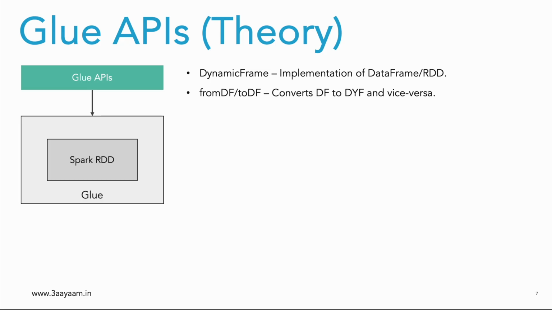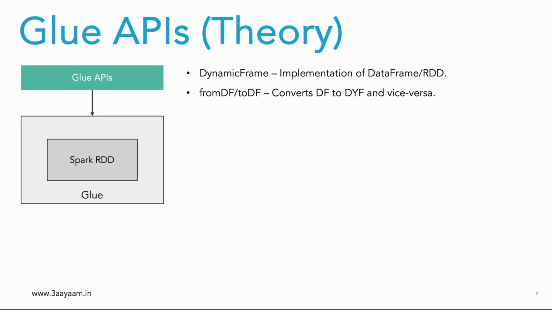What are the reasons that you'd like to convert one to the other? If you have data frames and you want to use Glue APIs in between, you can convert them to a dynamic frame and then use the Glue APIs with the dynamic frame. But if you have created a dynamic frame using Glue API and you want to perform Spark data frame operations or data frame APIs, then you'll have to convert the dynamic frame to a data frame.